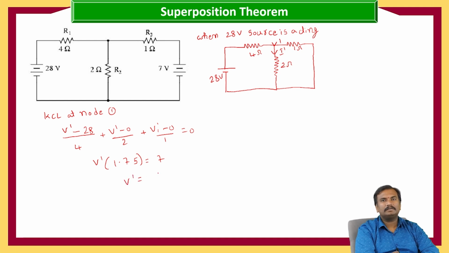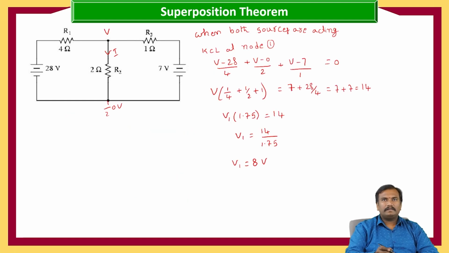So V dash is equal to 7 by 1.75, that is 4 volts. Now we got V dash as 4, where the I dash value is V dash by 2, that is 4 by 2, which is equal to 2 amperes.